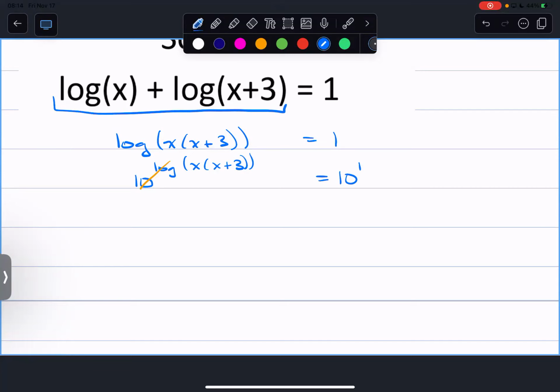So then I'm dropped down to x times x plus 3 is 10 to the power of 1. I'm just going to write it as 10. But it's just 10. So this is why we do what we do here, because this is log base 10. B to the power of log base b of x is x.